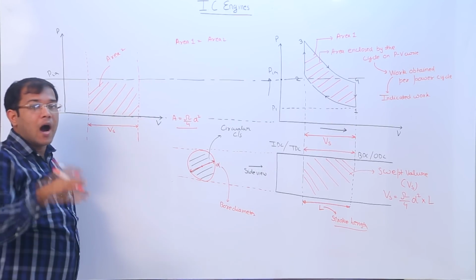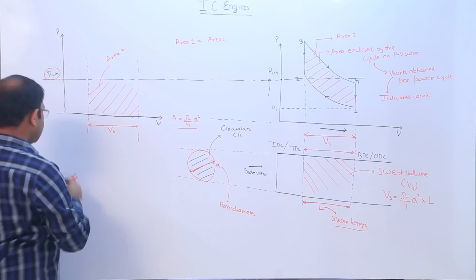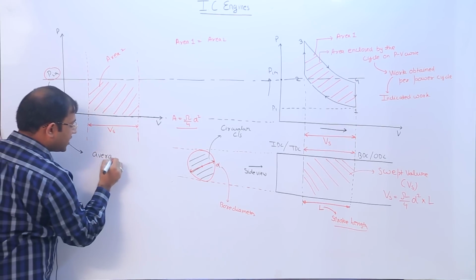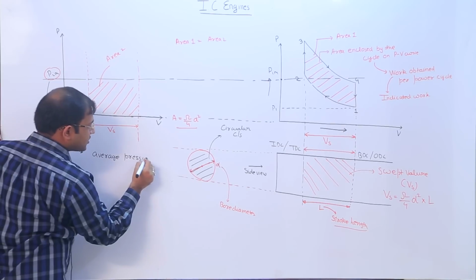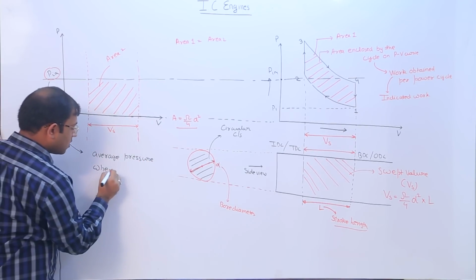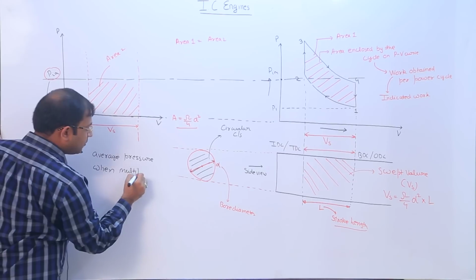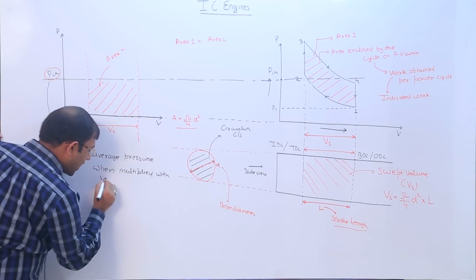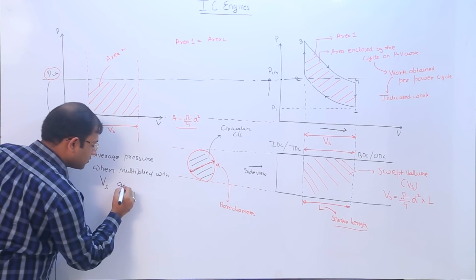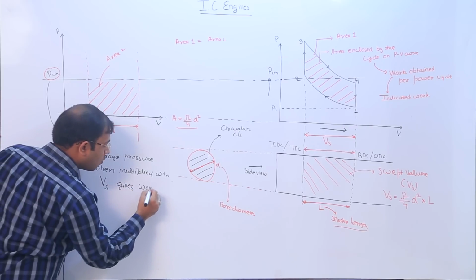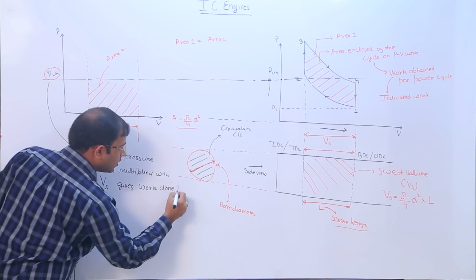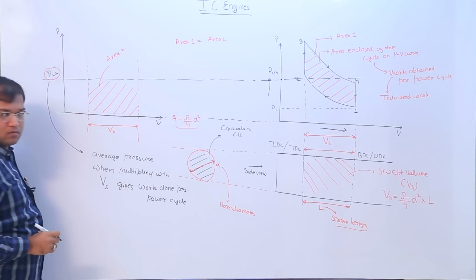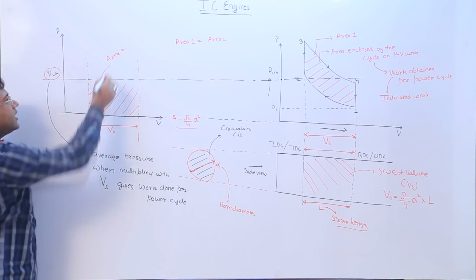Is it okay? So how to define this PIM? See students, this PIM is nothing but the average pressure which, when multiplied with swept volume Vs, gives work done per power cycle. Now see students, what is the area 2?